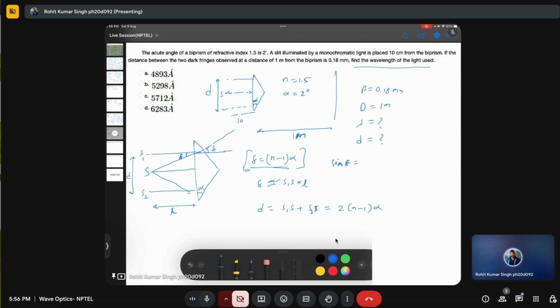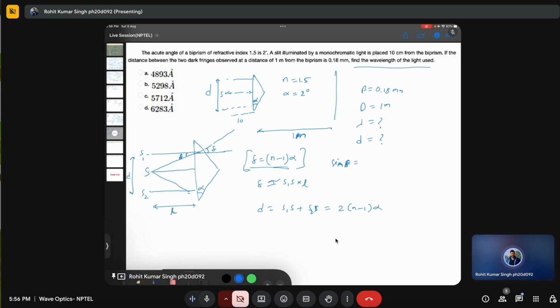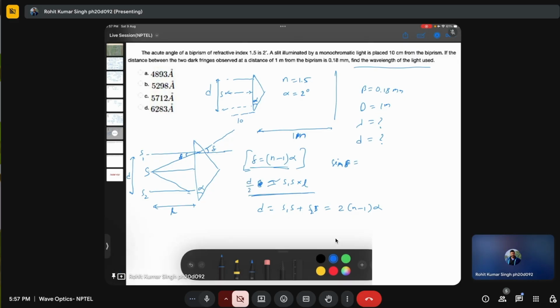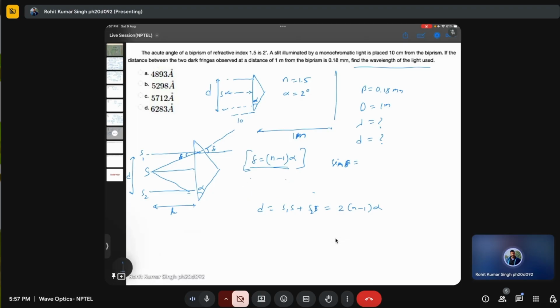We are taking sine delta, and so what will be sine delta? I'm trying to find out how this thing, sorry for messing up. I'll clarify in a minute.